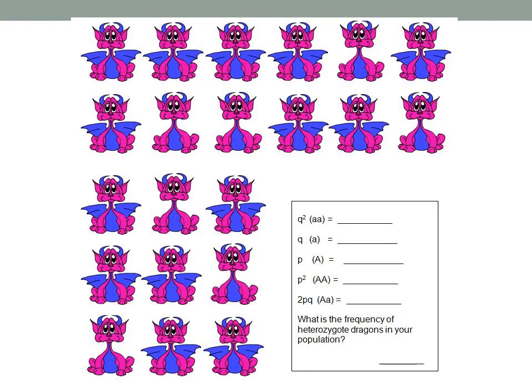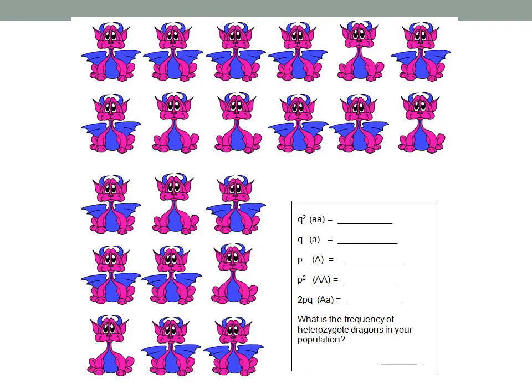Where does that 0.33 go? If your answer was q squared, you are correct, because q squared is our recessive trait. So when we have 2 of them, that would be our ones without wings. So q squared is 0.33.